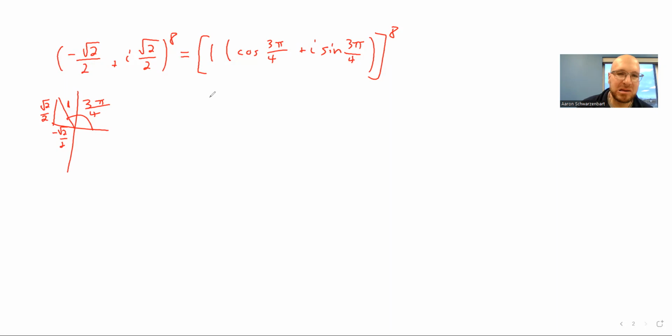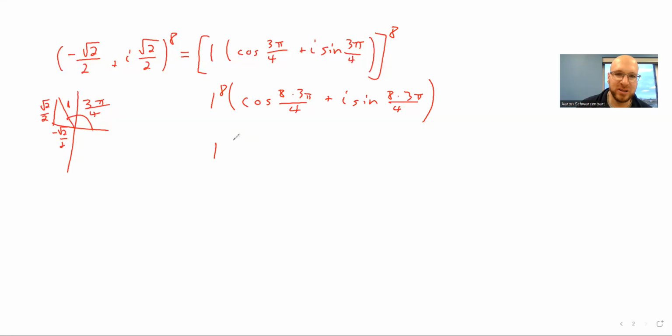That's 1 to the 8th. Big number here. Cosine of 8 times 3 pi over 4 plus i sine 8 times 3 pi over 4.